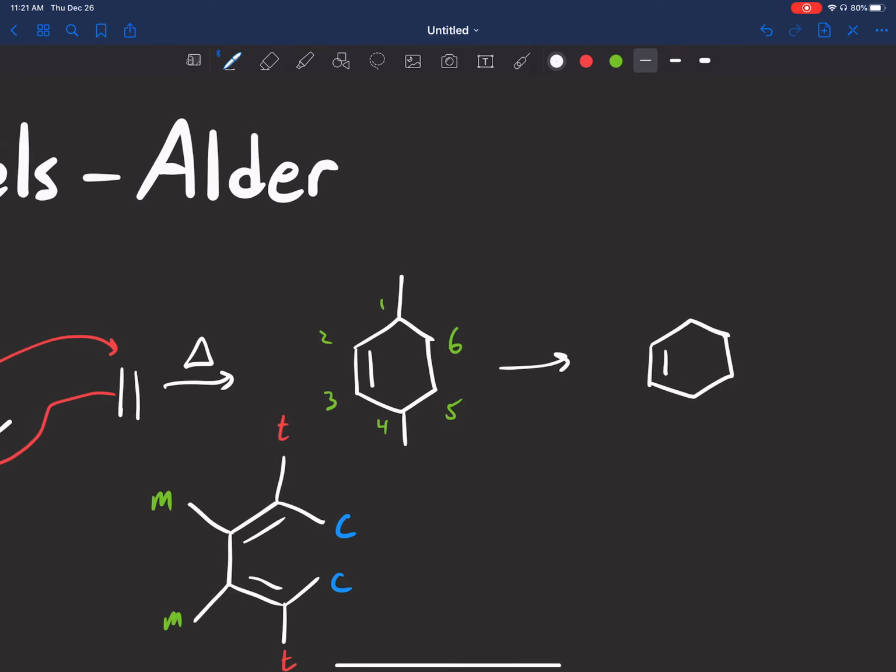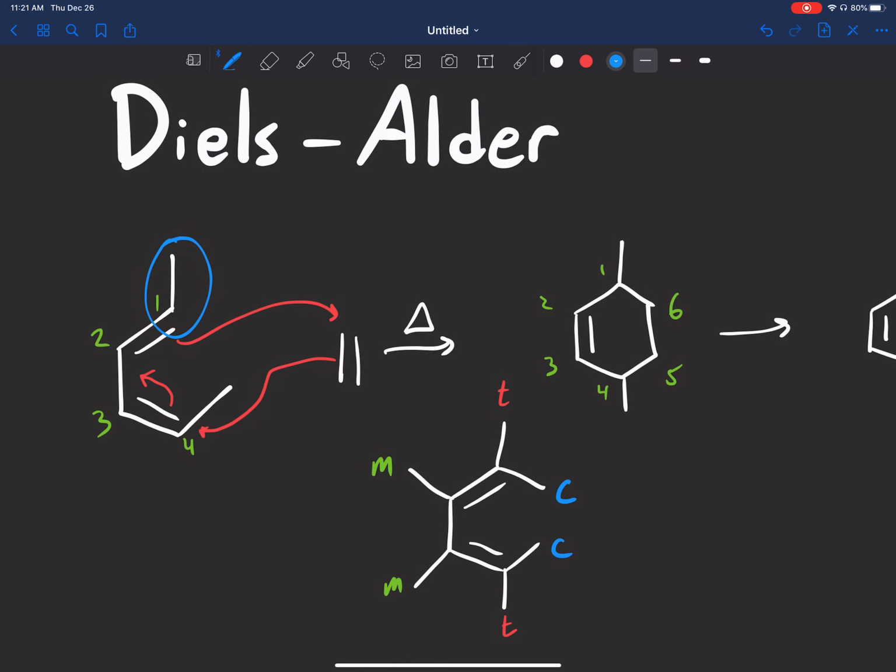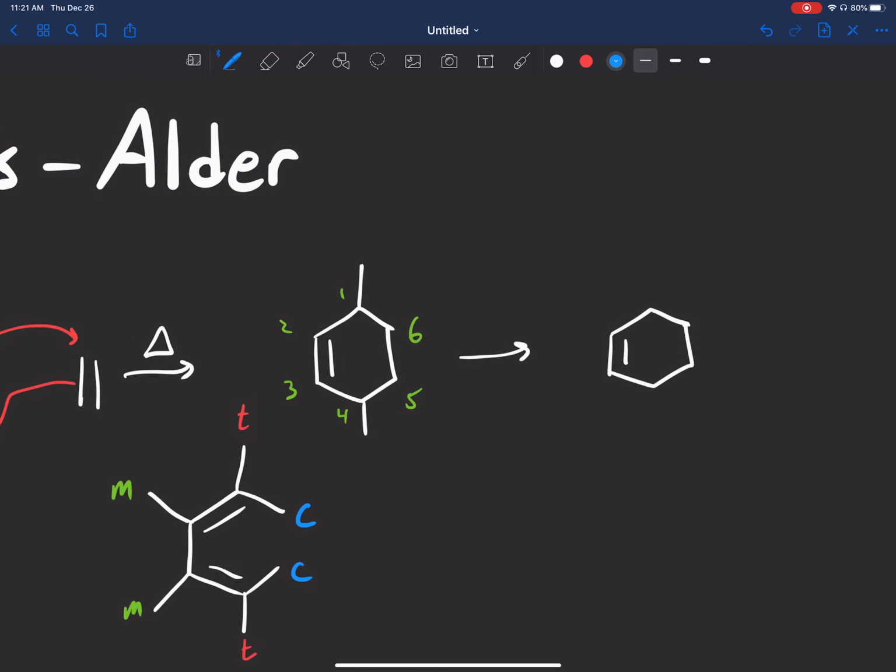In this case, this methyl off carbon 1 is trans, and the methyl off carbon 4 is cis. Because they're not both trans or both cis, they have opposite stereochem. So one will be wedged, one will be dashed.